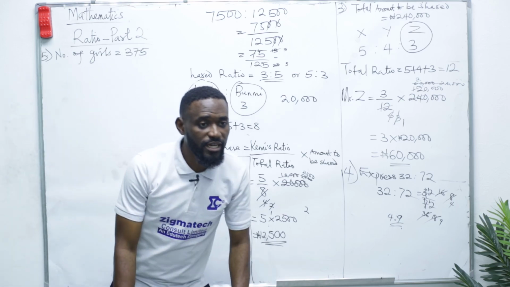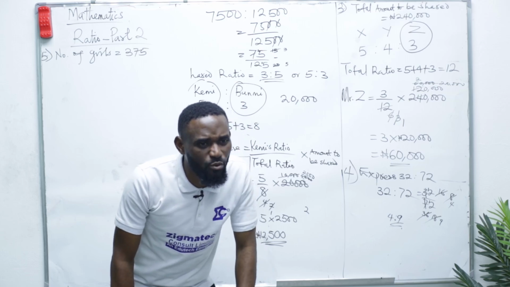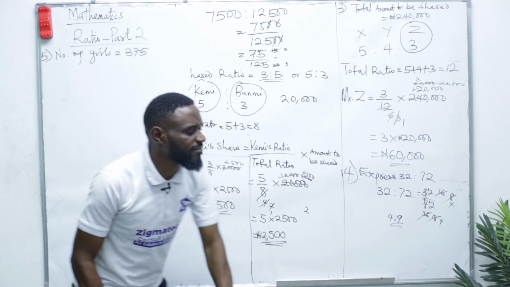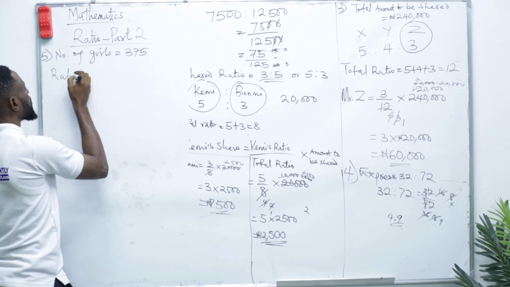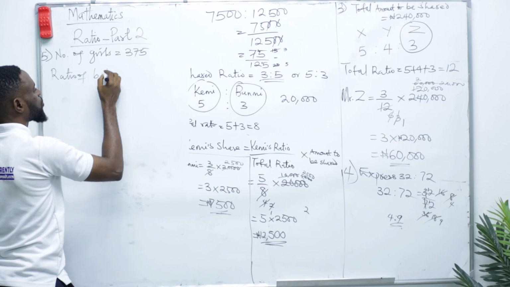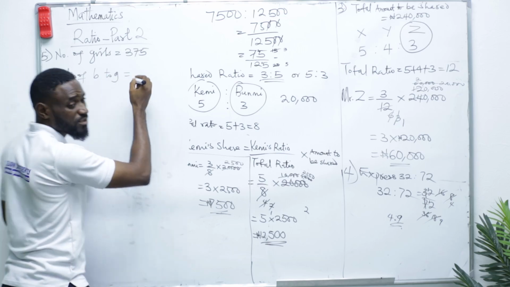And they're asking, if the ratio of boys to girls in the school is 4:5. So they say if the ratio of boys to girls is equal to what?